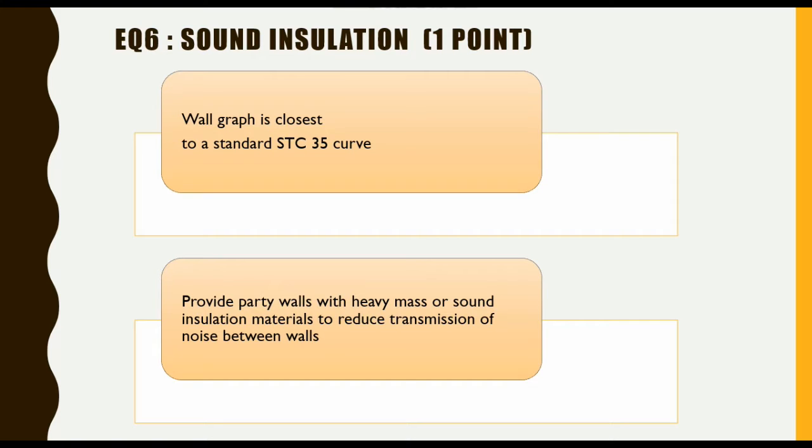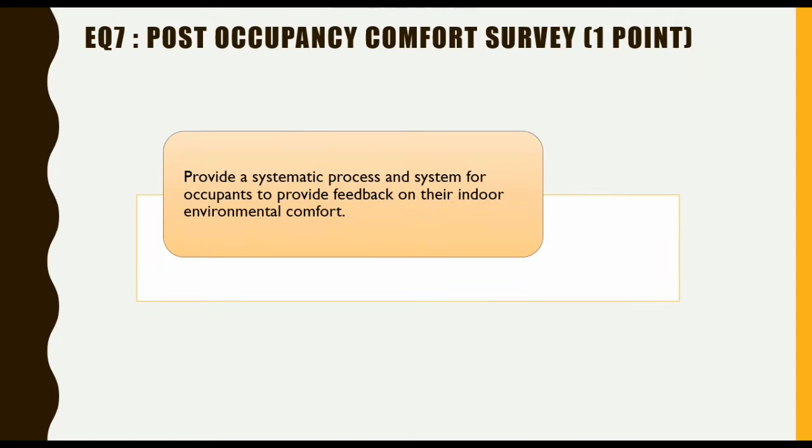STC is calculated by taking the transmission loss (TL) value tested at 16 standard frequencies over the range of 125 Hz to 4000 Hz and plotted on a graph. Provide party walls with a heavy mass or sound insulation material to reduce transmission of noise between walls.